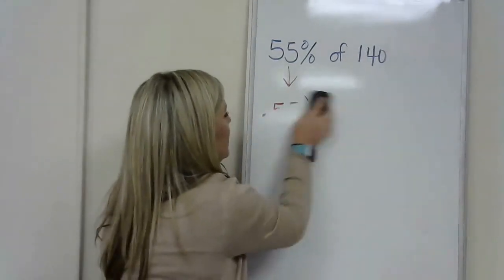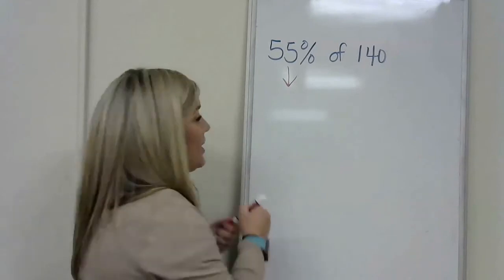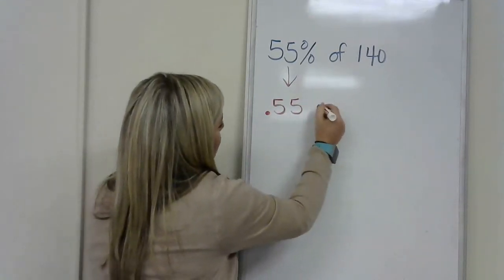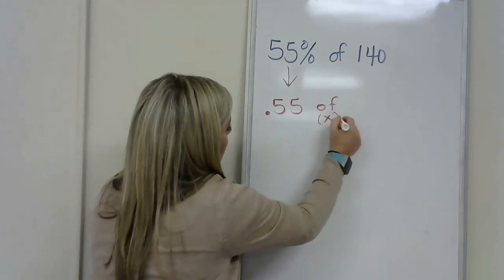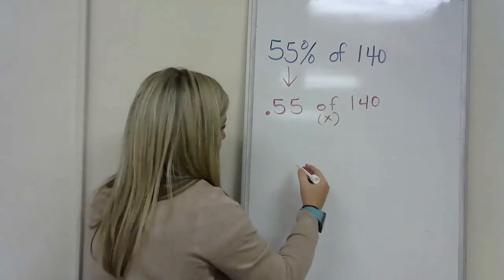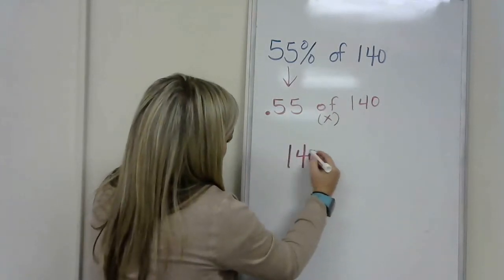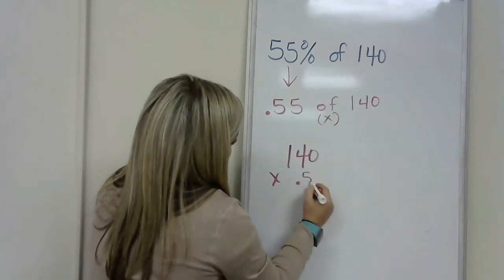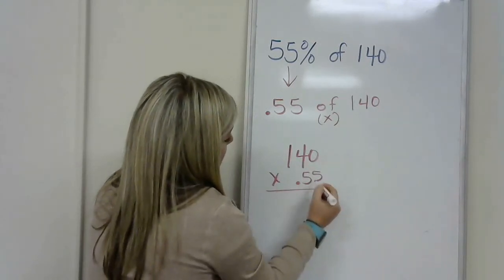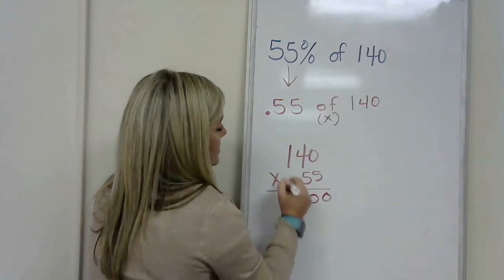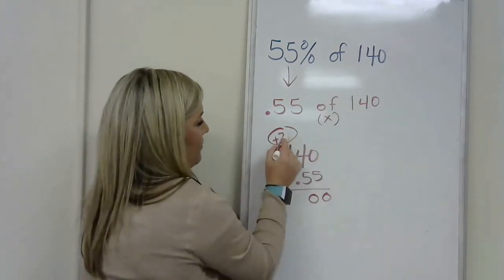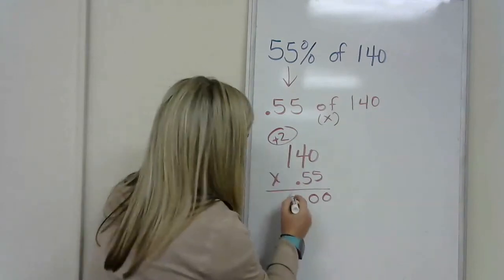So now our new decimal is 55 hundredths. So 55 hundredths of, and we know of means to multiply, 140. So 140 times 55. 0 times 5 is 0. 4 times 5 is 20. The 0 can stay. The 2 gots to go. 1 times 5 is 5. 5 plus 2 is 7.